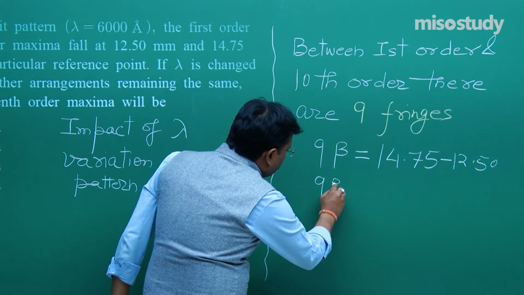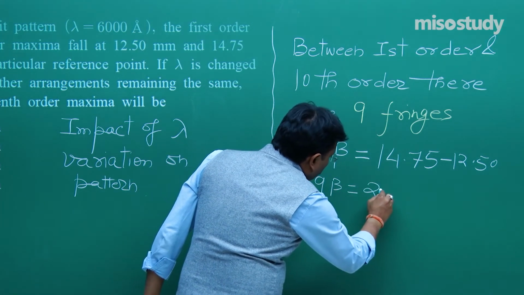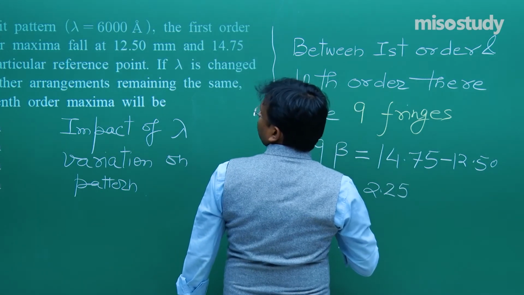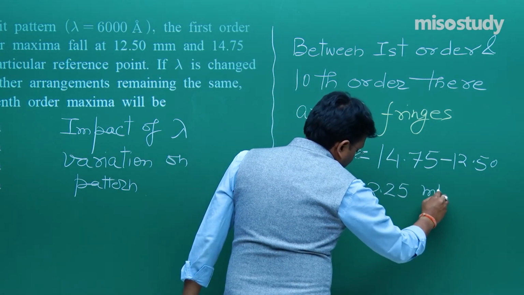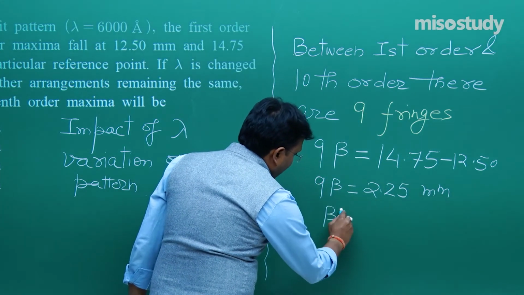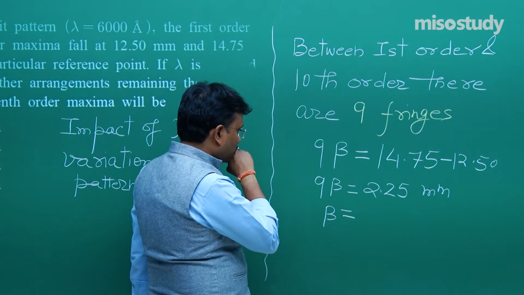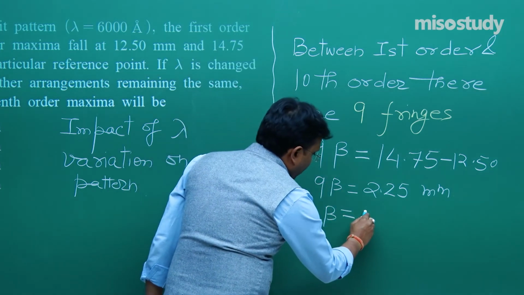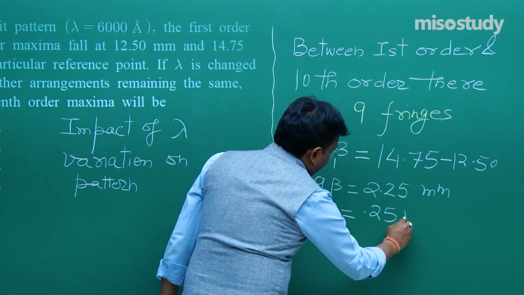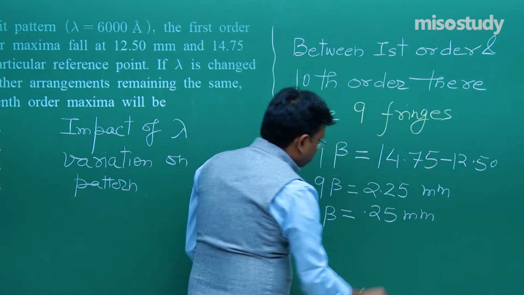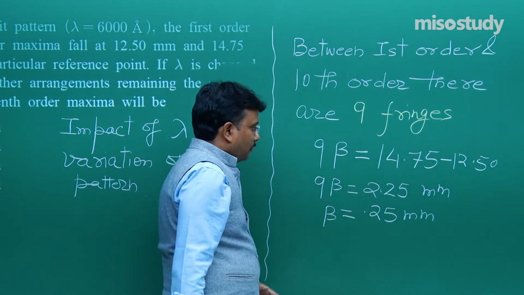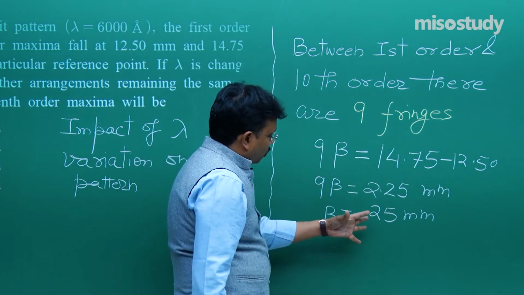It will give you 9 beta is equal to 2.25 mm. It means beta is equal to 0.25 mm. Yes, fine. So it is going to be 0.25 mm.